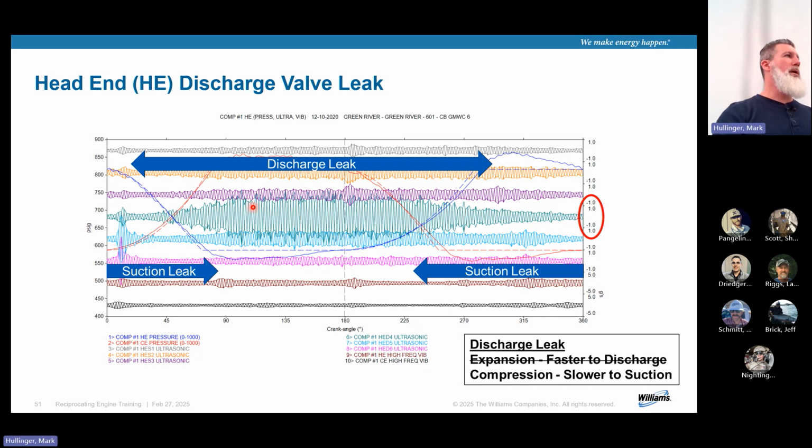Okay, Romero mentioned this. So when does a discharge valve leak? If I'm looking at my head end right here, pressure is going down, the suction valve opens, and then it recompresses, the discharge valve opens, excuse me, right here, goes here, the discharge valve closes.